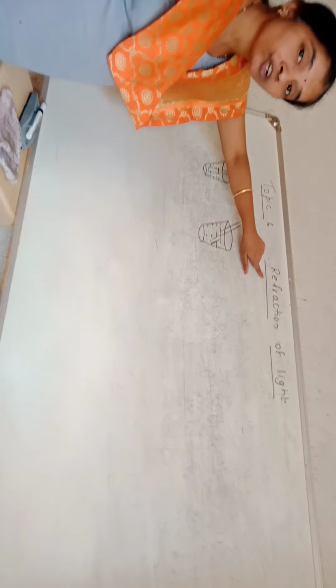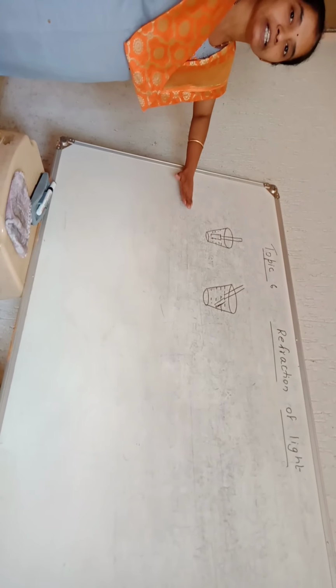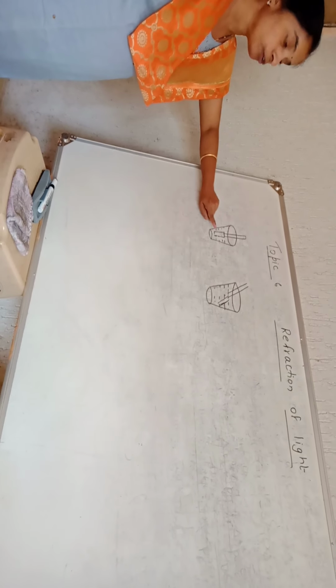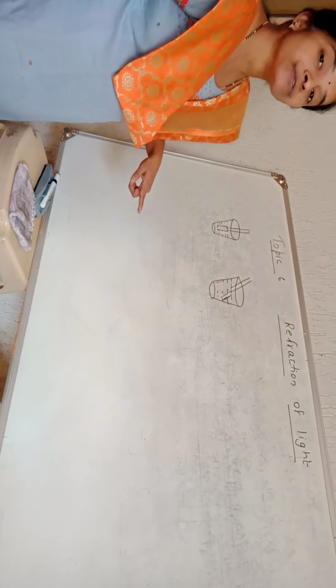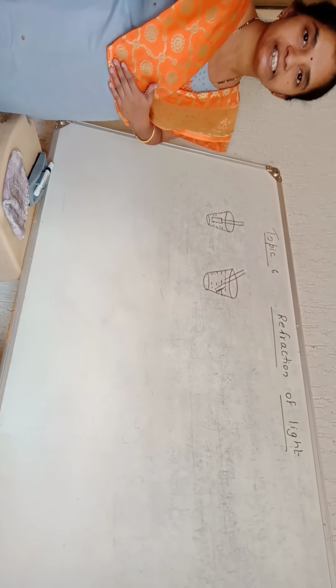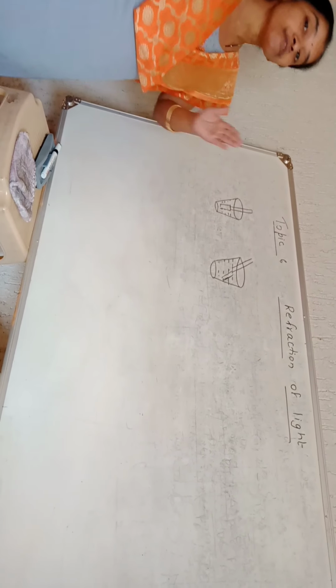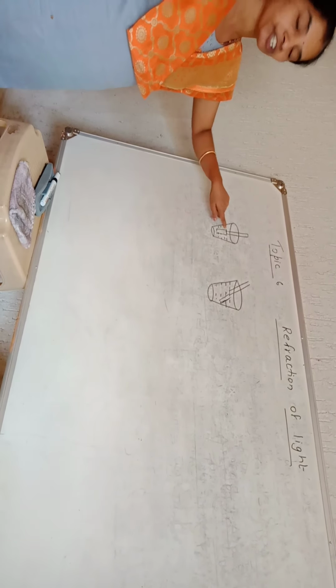So what is refraction of light then? When light travels from one medium to another, here from air to water, the speed of light changes. The speed of light changes and light bends at the surface of separation.